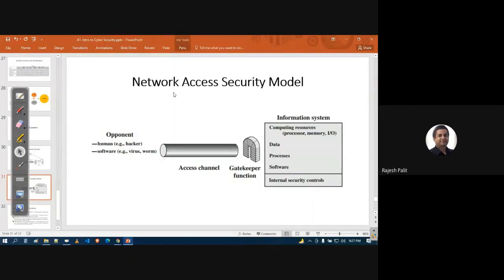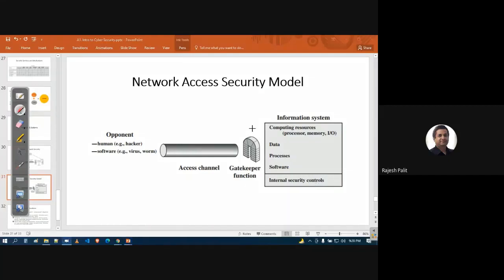The network access security model. There is an access channel where attackers are, but there is a firewall or gatekeeper function, and behind it we have the computing resources and information system: processor, memory, input, output, the data, applications, the software, and internal security controls.